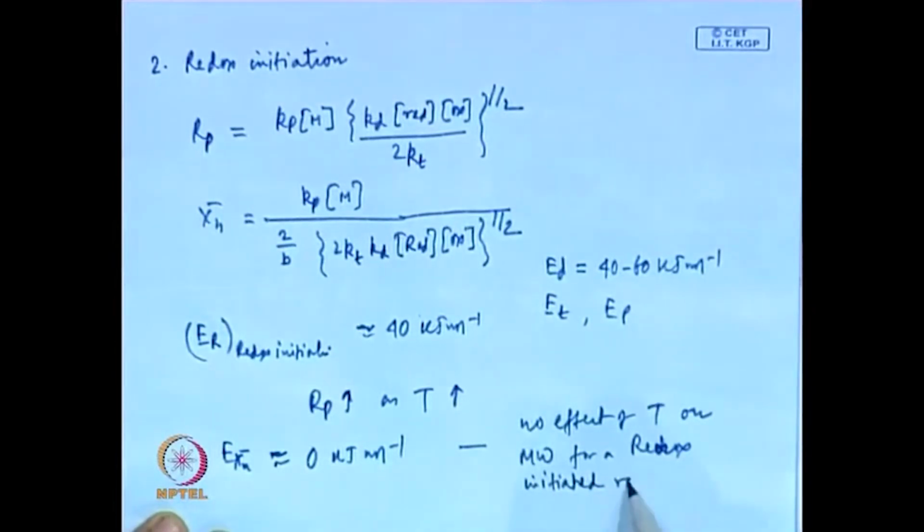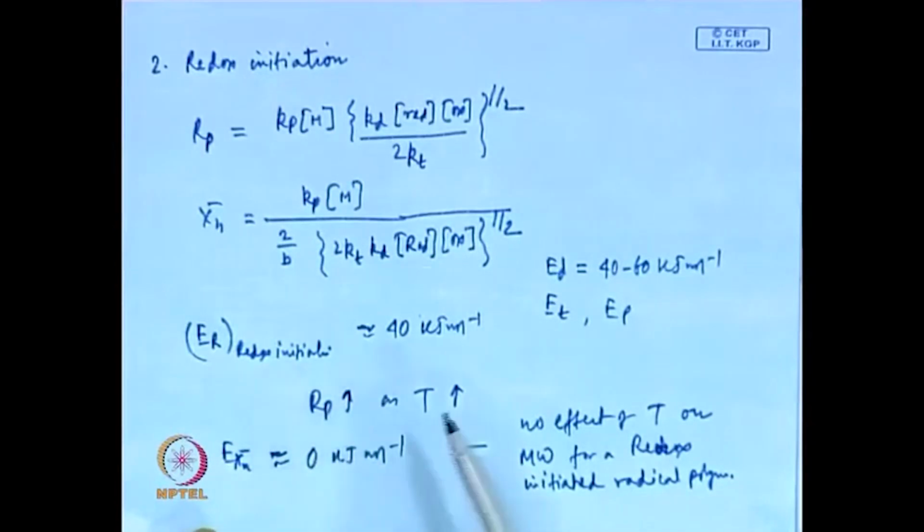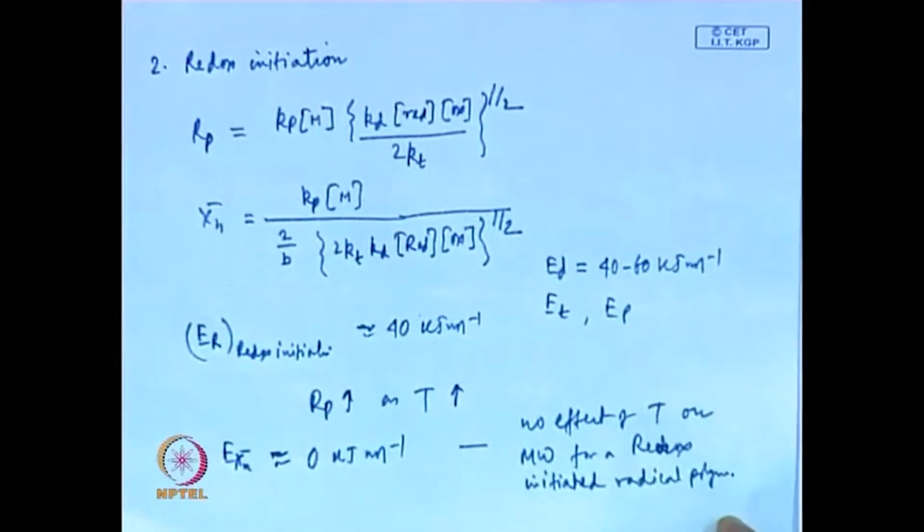So for this type of initiation, if temperature increases, the rate of polymerization also increases, but not as much as in thermal polymerization, and because the activation energy for the molecular weight build up is about 0, there is no effect of temperature on the molecular weight of redox polymerization.